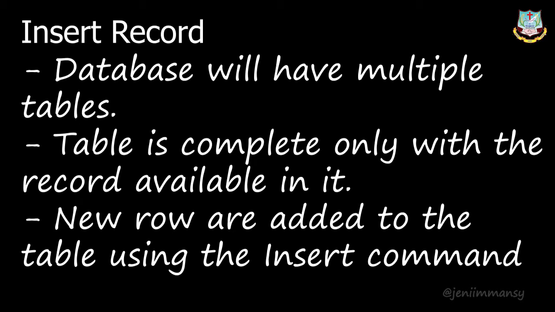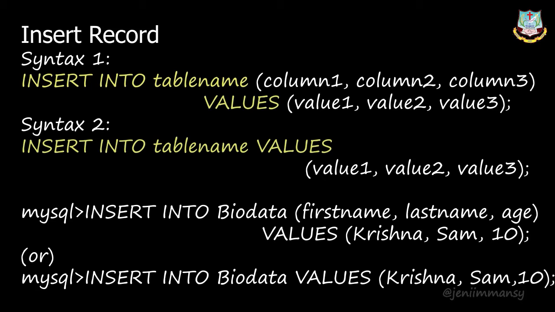For that the syntax is insert into, and you have to give the table name. In the bracket we have to give what the columns are. If you are having one column as name, the next column as age, and the next column as profession, that means we have to give insert into table, and then in the bracket we have to give the name, age, and then profession.